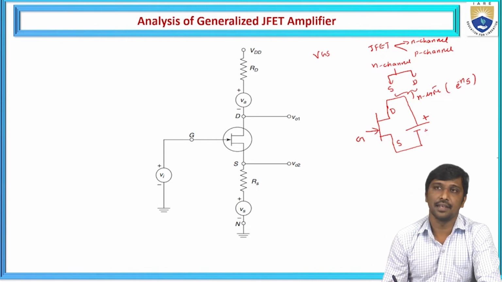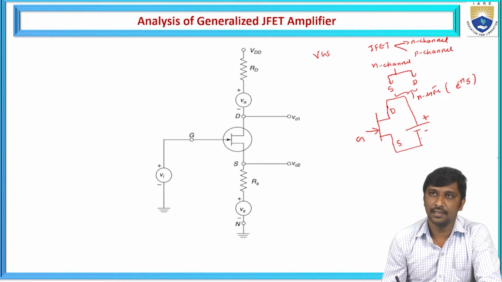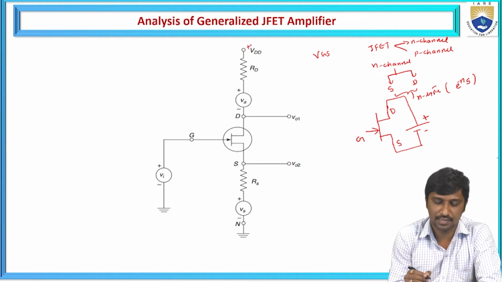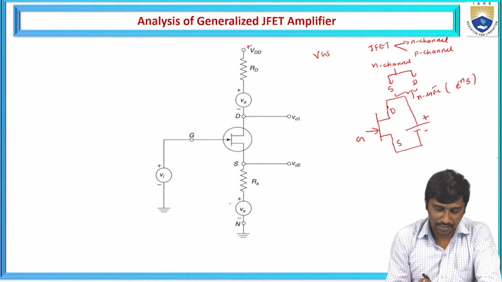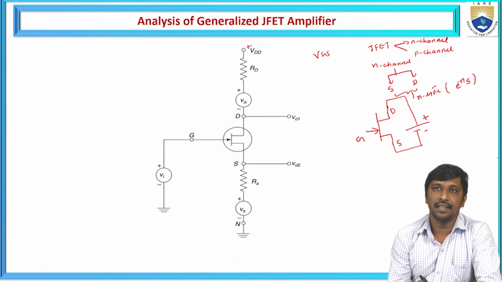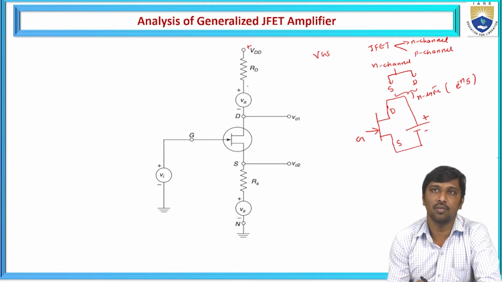From this representation, generally the negative energy means less than zero, hence I consider this the ground potential, and this is the positive potential, here I consider this as plus VDD. Across the gate, we apply the input signal Vi, and similarly the drain terminal and source terminal are biased with external resistances.